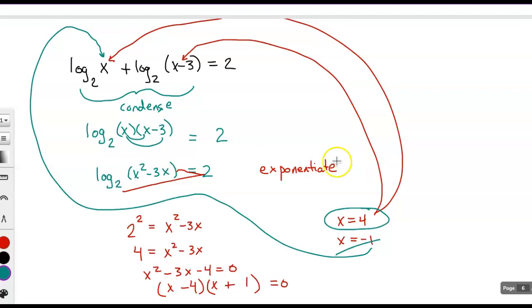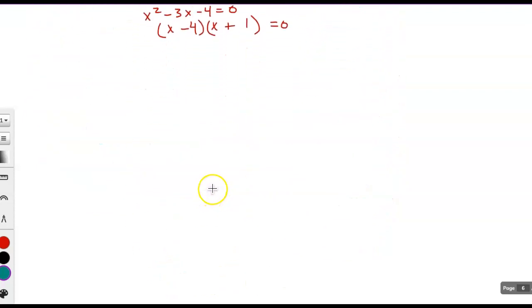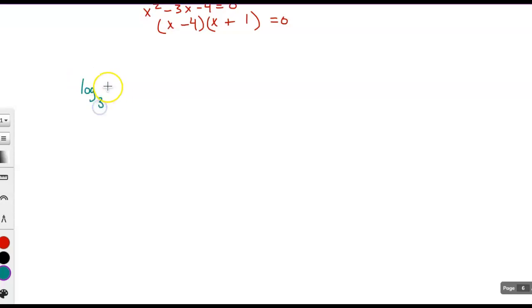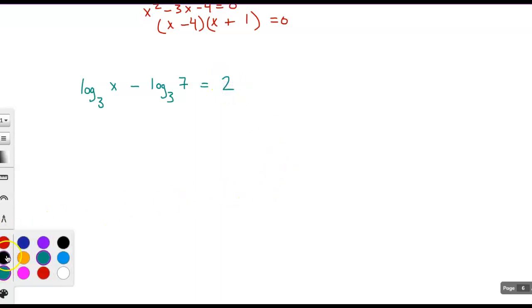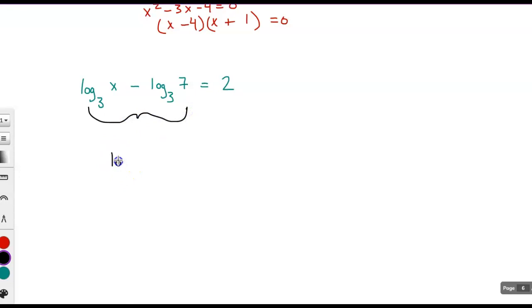Okay? Just also remember, if she does something like this, like log base 3 of x minus log base 3 of 7 equals, I don't know, 2, right? So now you have subtraction. So when you go to condense this, it would be log base 3 of x over 7 equals 2, and then you would exponentiate.